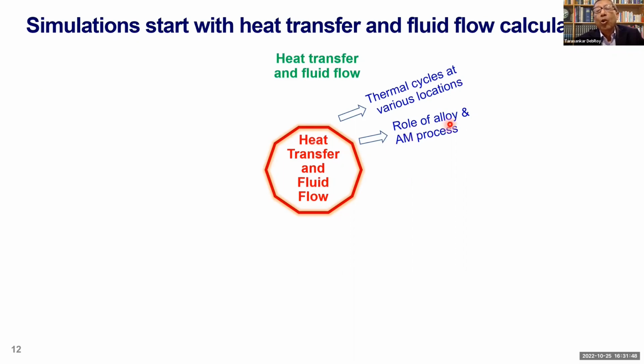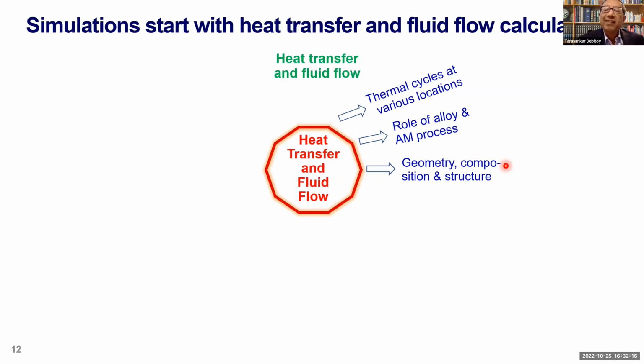So the role of alloy and AM process variables can be evaluated using a heat transfer and fluid flow model. We can determine the geometry, composition, and structure. We already know the composition of the feedstock. Why do we need to worry about the composition anymore?